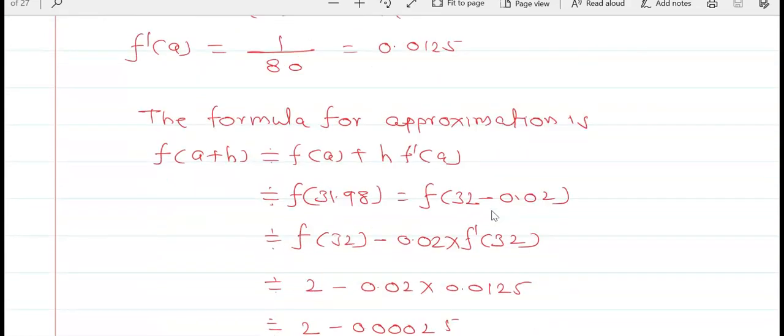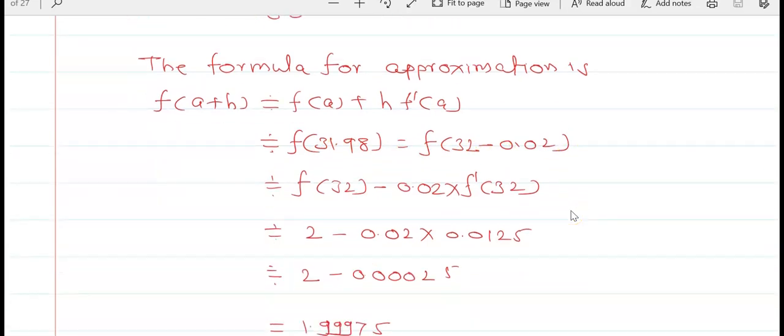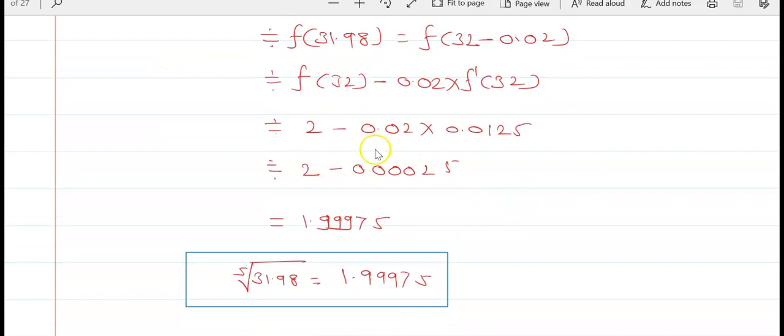Now the formula for the approximation: f of a plus h is approximately equal to f of a plus h into f dash of a. That is, f of 31.98 is approximately equal to f of 32 minus 0.02. Substitute the values: f of 32 minus 0.02 into f dash of 32. That is 2 minus 0.02 into 0.0125.